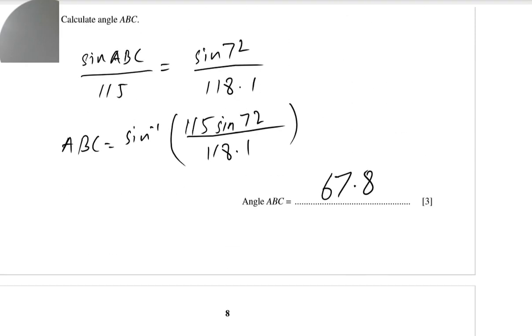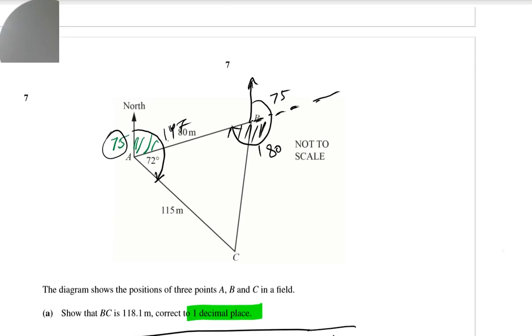The bearing of B from C. So they are talking about this angle. For this angle, we can extend this side, and this entire thing would be 180.